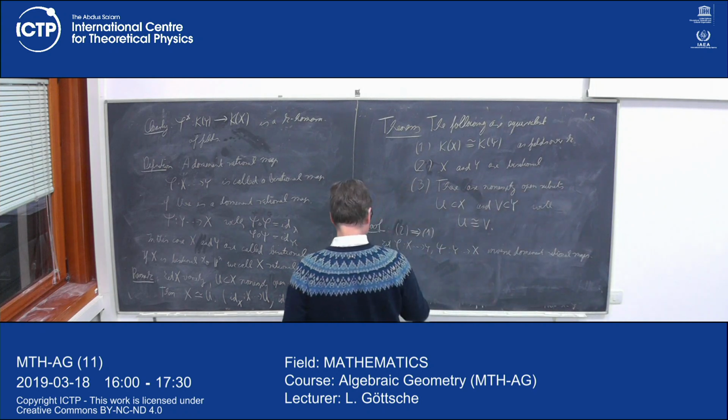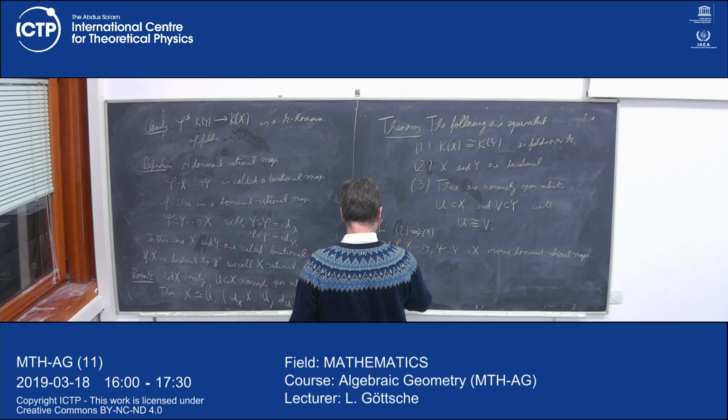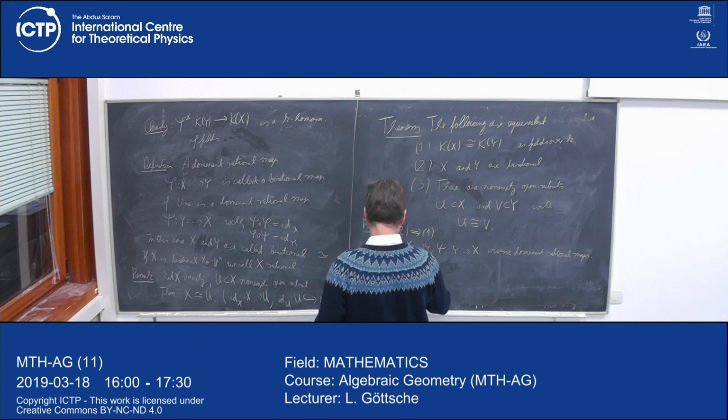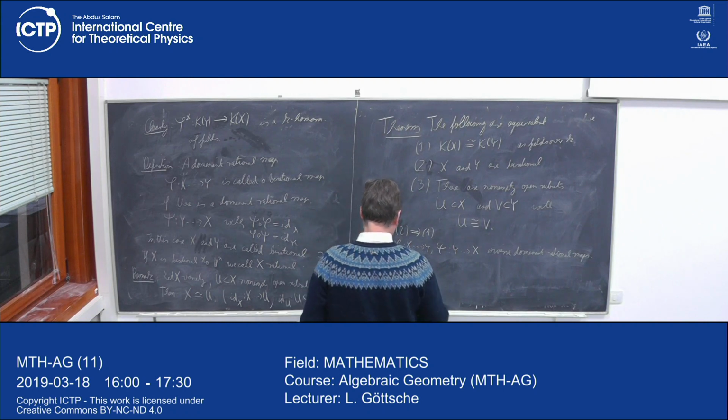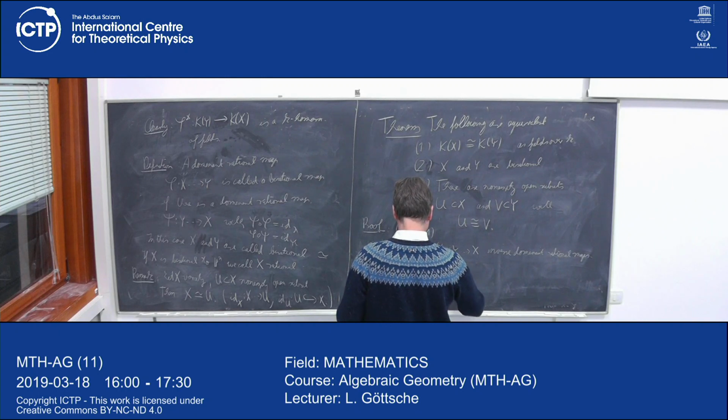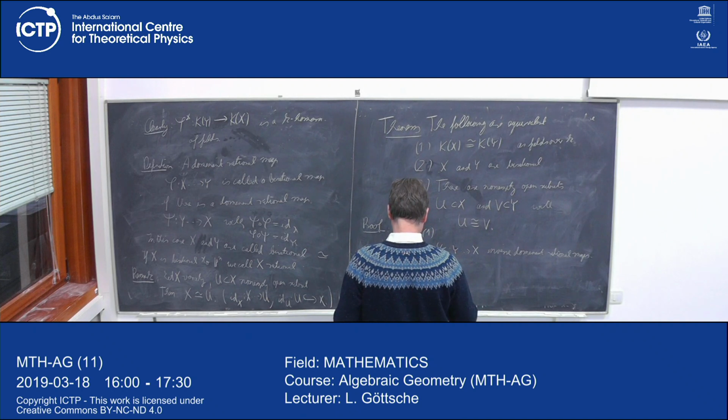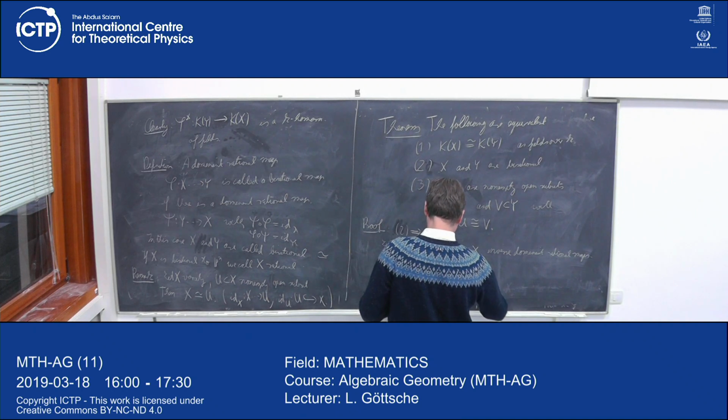That means that if I take phi composed with psi, this is the identity on Y, and psi composed with phi is the identity on X.